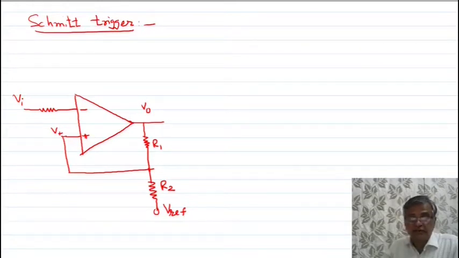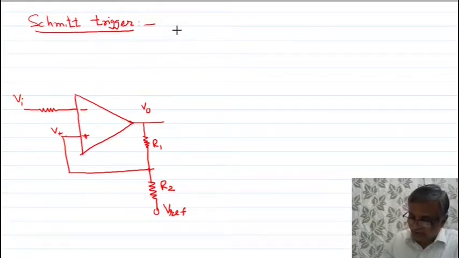The input voltage Vi triggers the output voltage Vo when Vi exceeds a certain voltage level. These voltage levels are known as the upper threshold voltage level and the lower threshold voltage level.